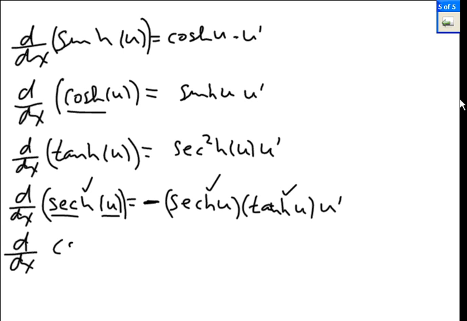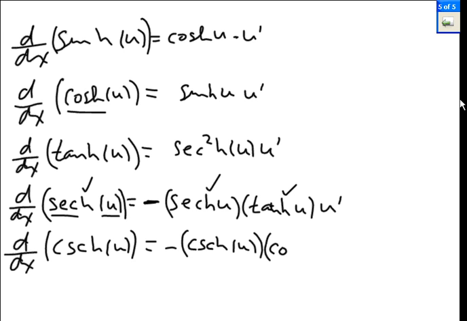The derivative of hyperbolic cosecant of u, here I'll have the minus. It's minus hyperbolic cosecant of u times hyperbolic cotangent of u times u prime.